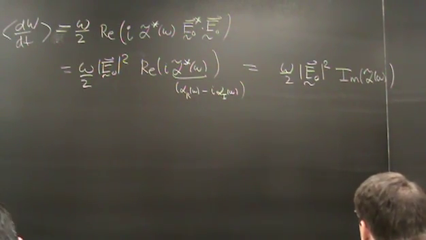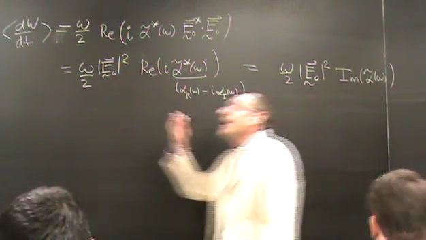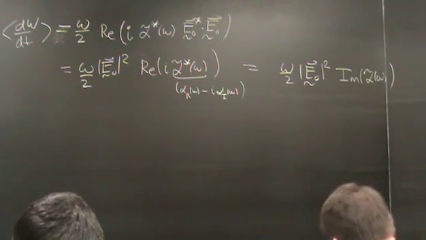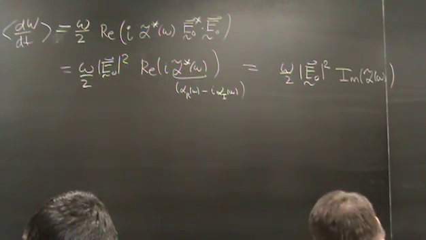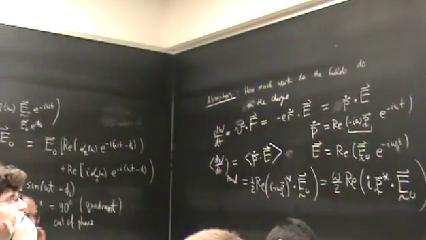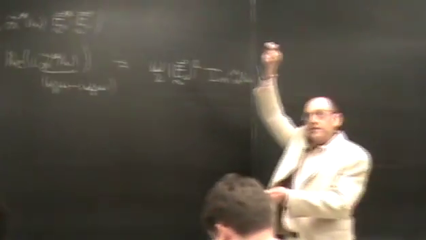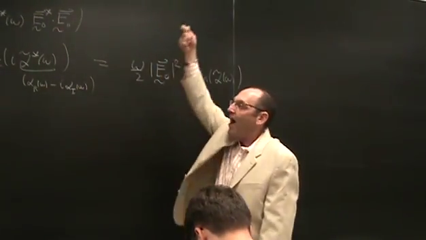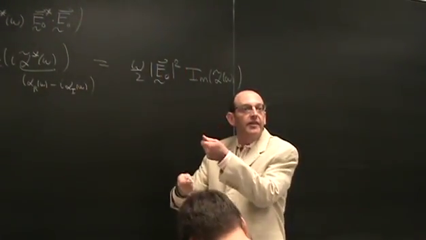So, why is that? What's going on? Why does the in quadrature part of the response have anything to do with absorption? Well, as we've discussed many times now, the work that's done on the charges depends on how the current is flowing relative to the electric field.